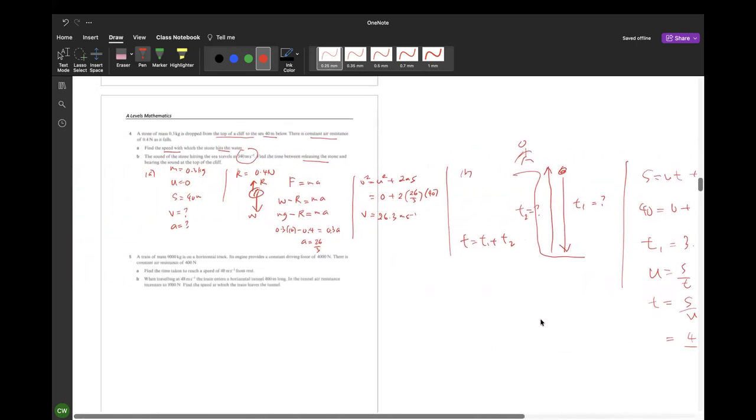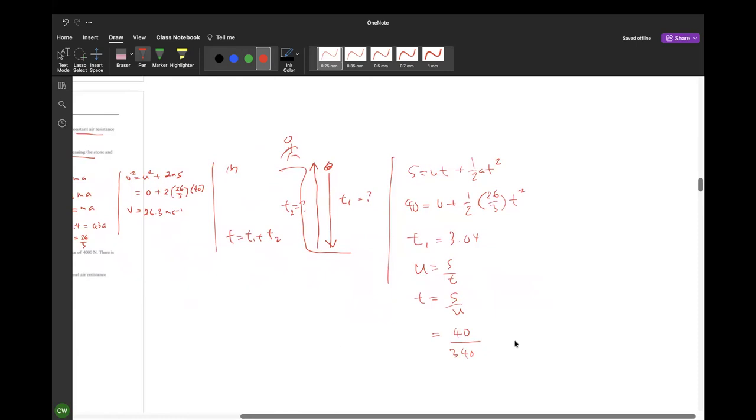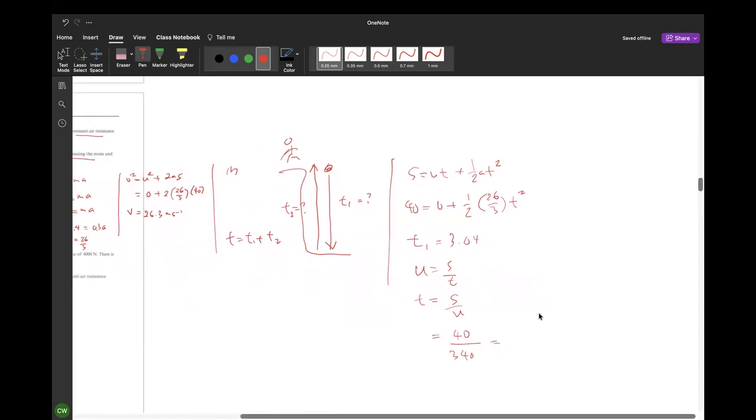What is the speed of sound? 340. 40 over 340 is 2/17. So what is the sum of these two values? This is T2. T1 3.04, T2 2/17. How much is the value? 3.16. Okay.